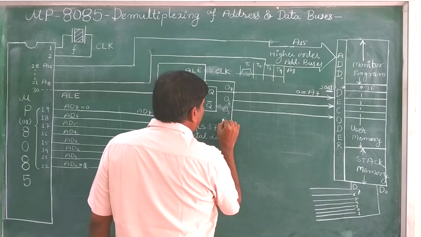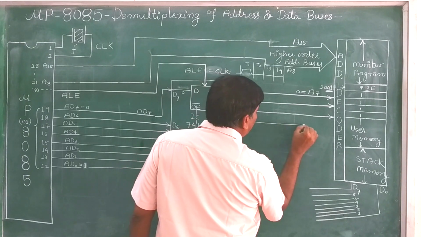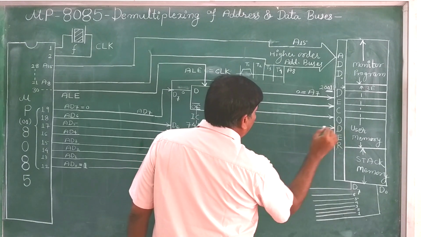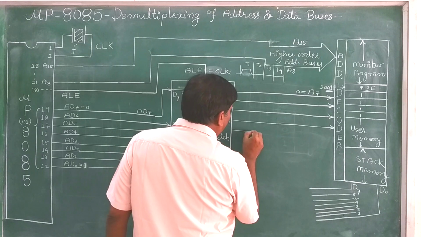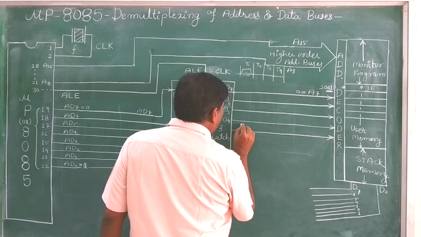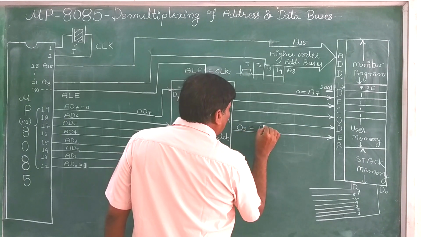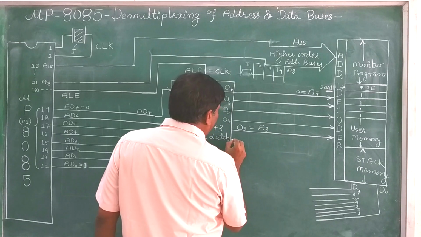We'll have O4, again connected to the address decoder. We'll have O3, connected in the same manner, which is equal to A3.